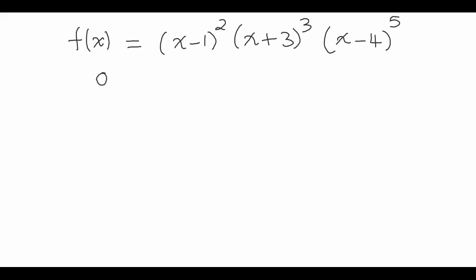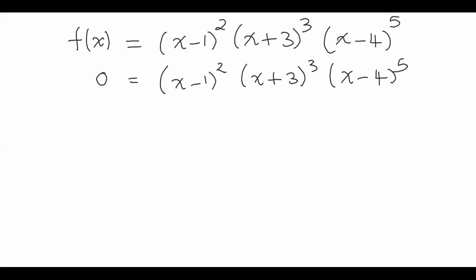We have to find the zeros, so we make this equal to 0, and then you set each factor equal to 0 and solve for x. That's how we get x equals 1, x equals -3, and x equals 4. So these are the zeros of this function.